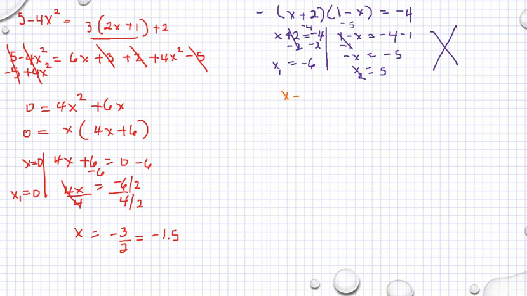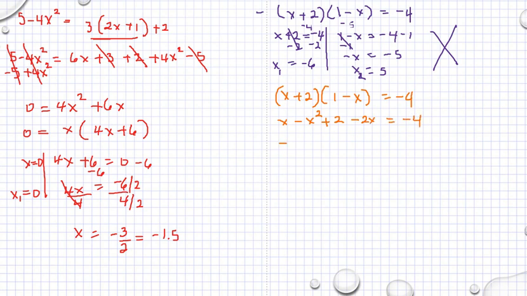Then we need to do it one more time. We have x plus 2, then 1 minus x is equal to negative 4. If we expand these products, then we have x times negative x is negative x squared, added by 2, subtracted by 2x is equal to negative 4.